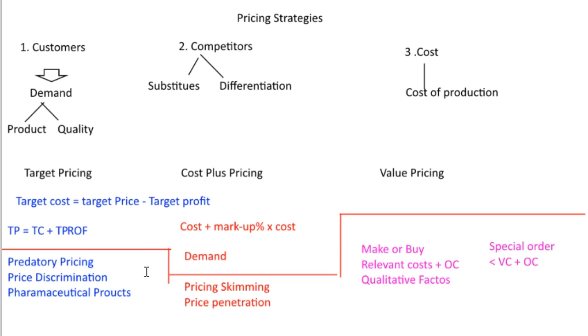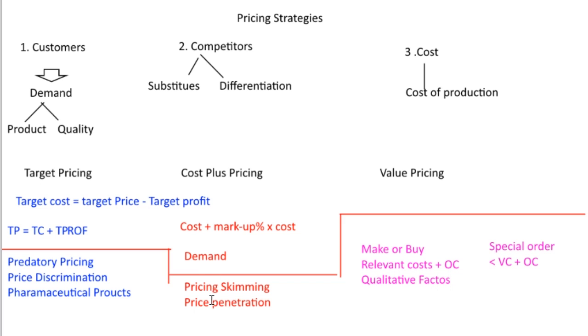There's also some ethical problems with that, but price discrimination is also used a lot. Like if you go to a zoo, you have a different price for students, for kids, for adults. It's fairly normal. And then pharmaceutical products. When it comes to medicines, what's ethical to charge for medicine is another ethical issue.